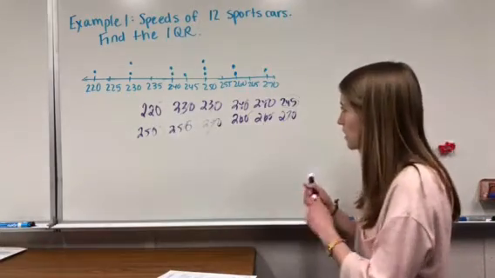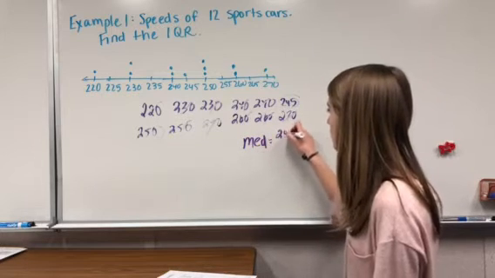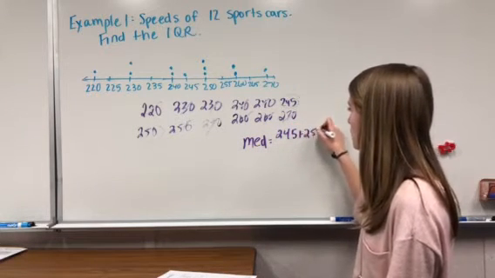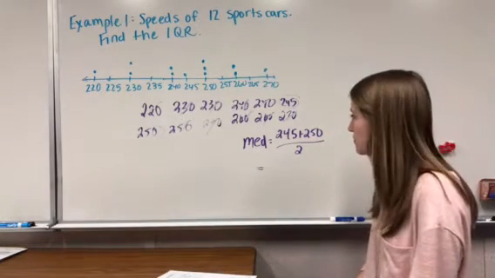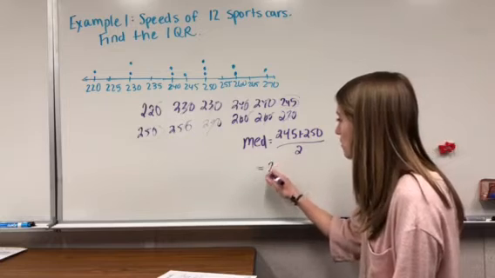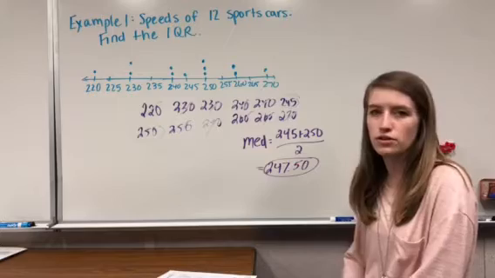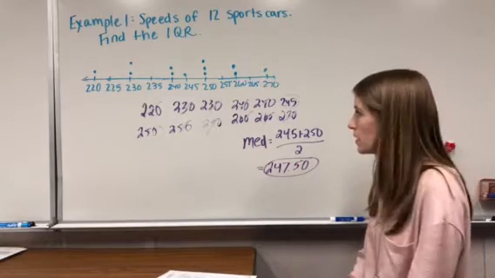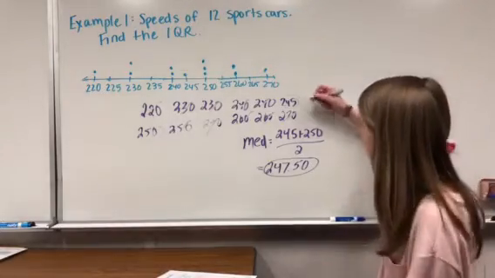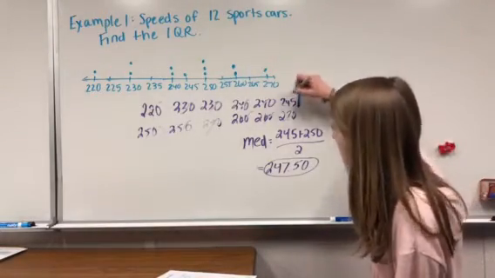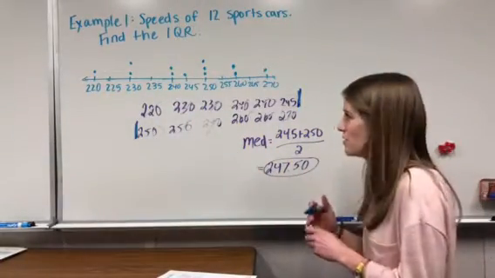In order to find the median, or my middle value, I need to take 245, add 250, and divide by 2 in order to find that exact middle value. We are able to see then that the exact middle value is 247.5, or 247.50. What that means for our data is that our middle is right here, in between these two points. Again, this is why it's way easier to do if it's all in a straight line.